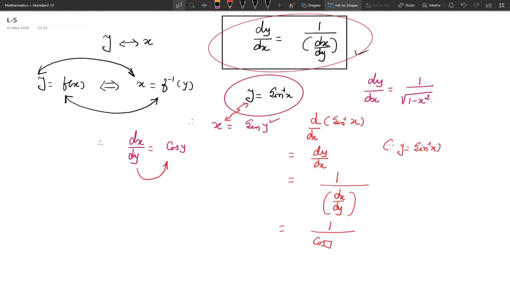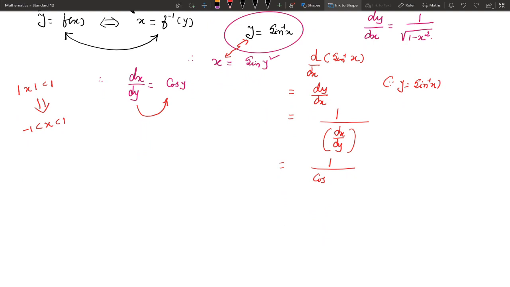Here the function is defined in its proper domain. So we know mod x is less than or equal to 1. But here we have to use mod x less than 1. So this implies minus 1 less than x less than 1. Now this is 1 upon cos y, which is 1 upon under root 1 minus sin square y, since 1 minus sin square theta is cos square theta.